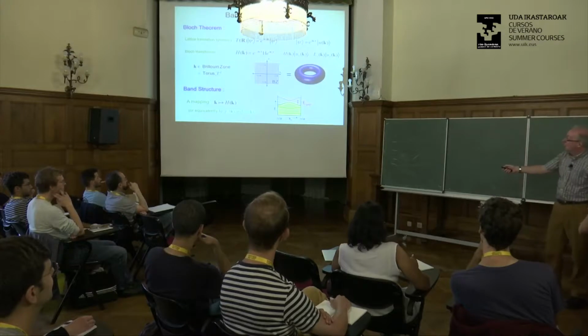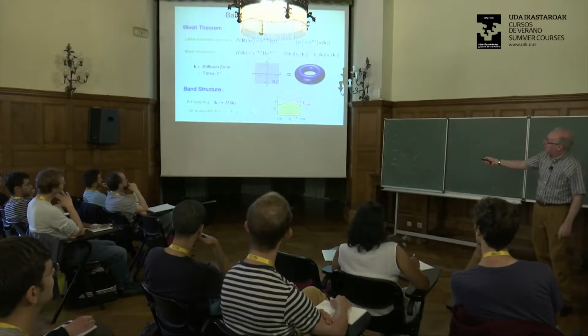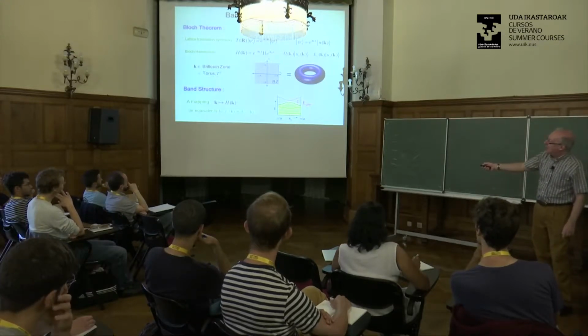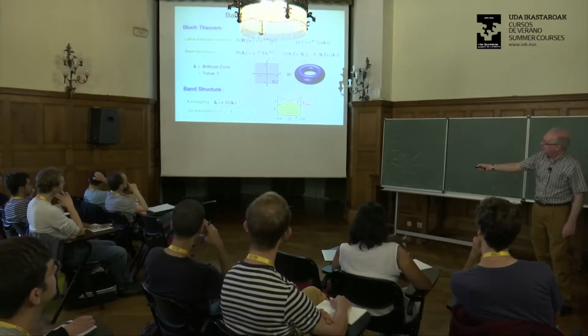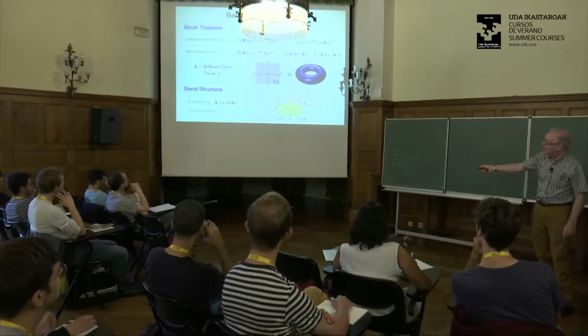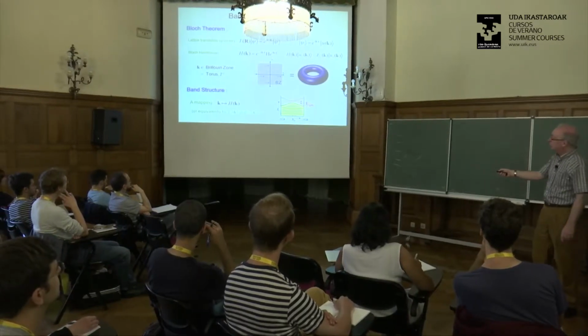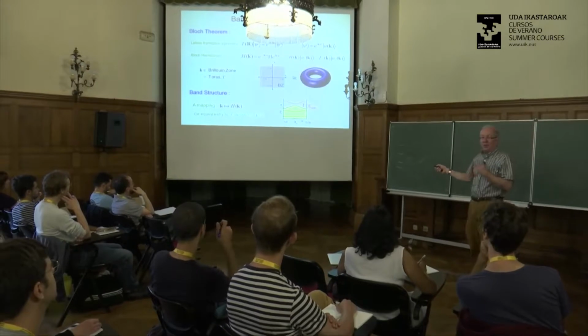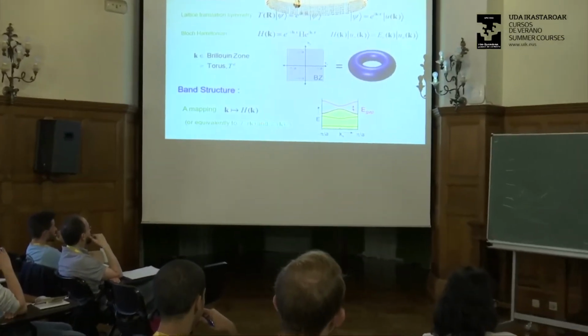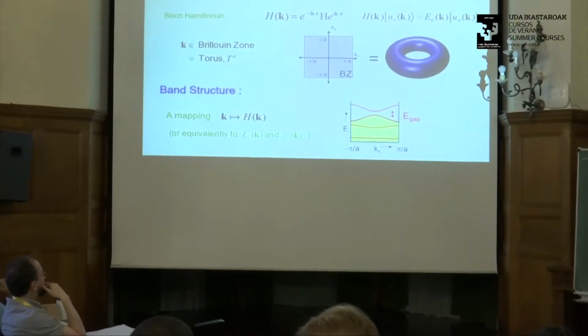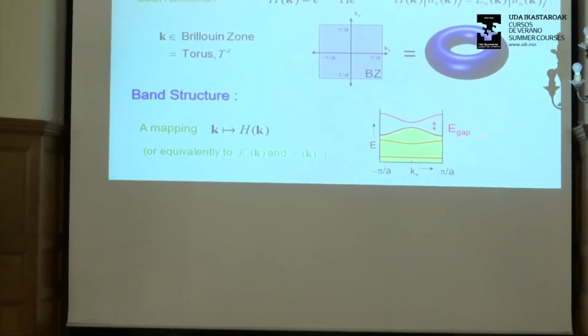So that simplifies the problem a lot. Then one has a mapping between the crystal momentum and your Hamiltonian, or equivalently, a mapping between the crystal momentum and the energy eigenvalues and eigenvectors. That defines a band structure: the collection of all of the Bloch Hamiltonians defined throughout the Brillouin zone.